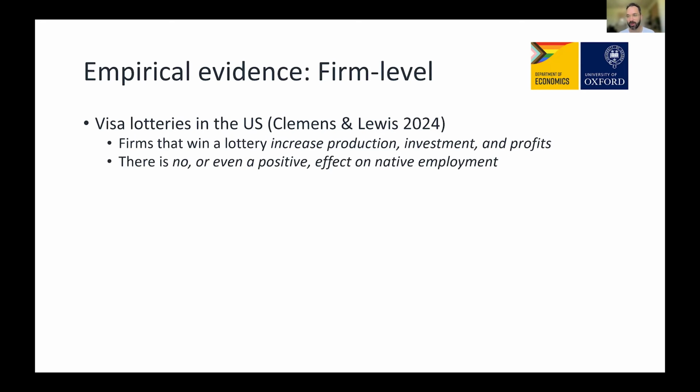And the results here are pretty unequivocally positive. Local firms benefit from having these additional workers. There's no crowding out of native workers. And in fact, in many places, you see a positive increase in wages for local workers, suggesting that at least within the firm, there is this complementarity, that additional migrants actually make the existing workers more productive.